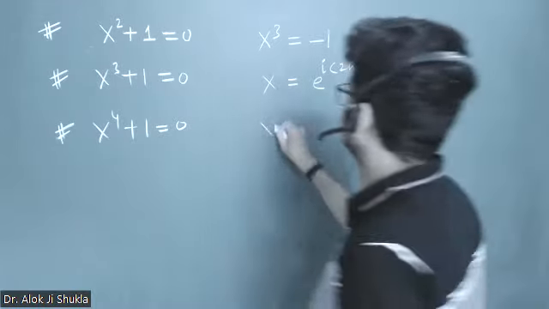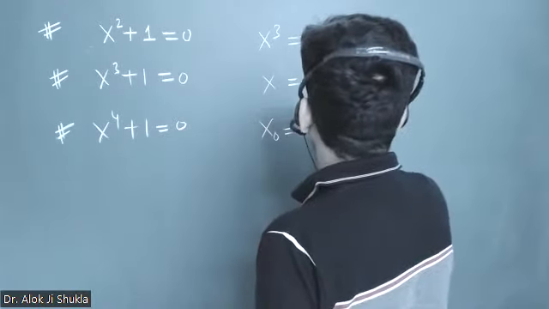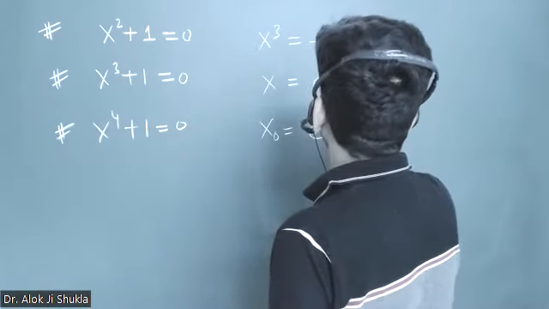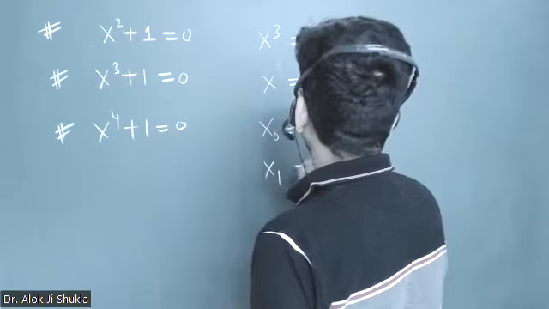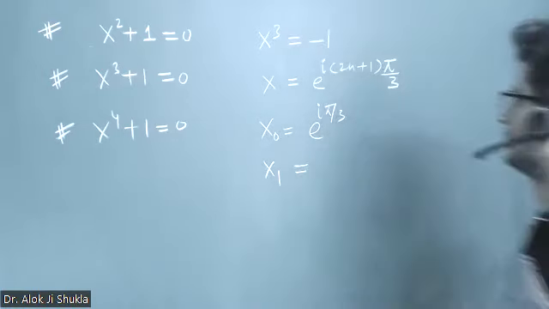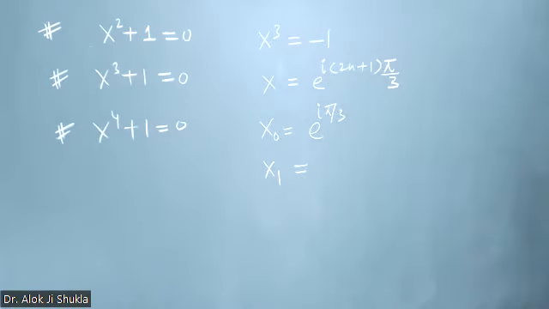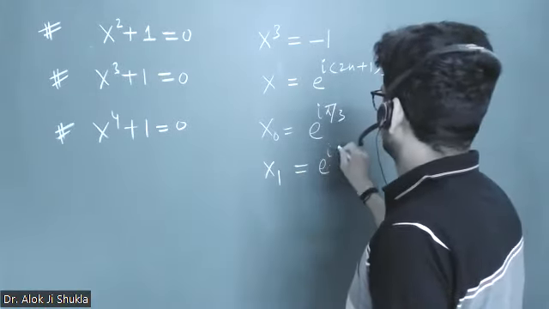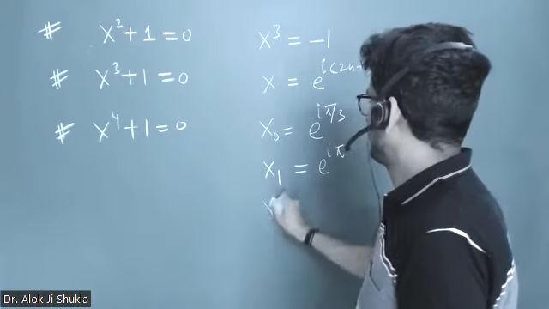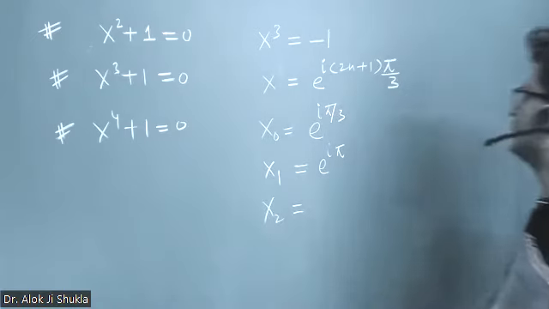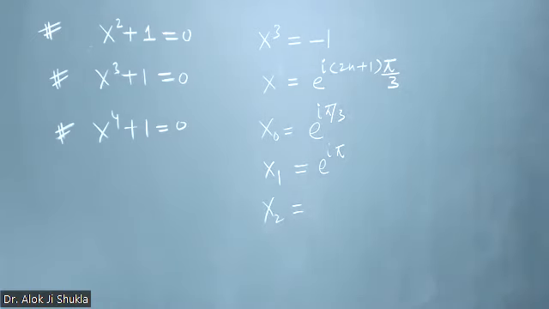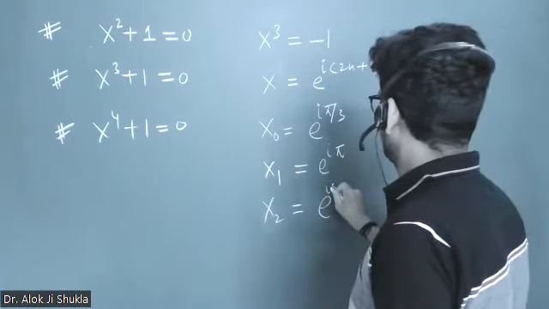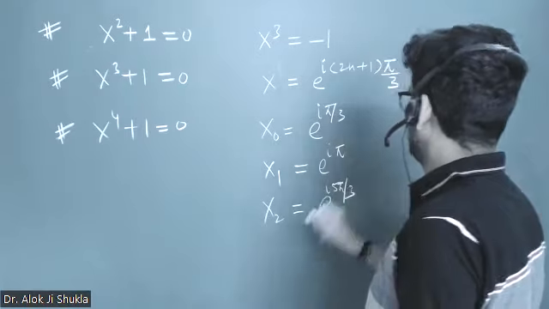X0 is e to the power iota pi by 3. X1, बोलो भाई, is e to the power iota pi. X2 is e to the power iota 5 pi by 3.